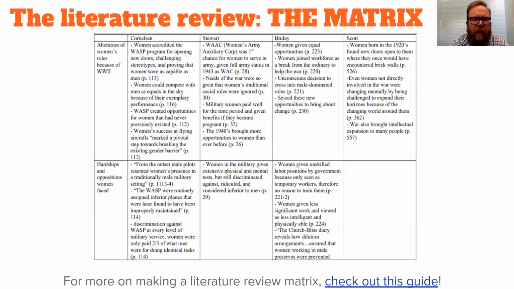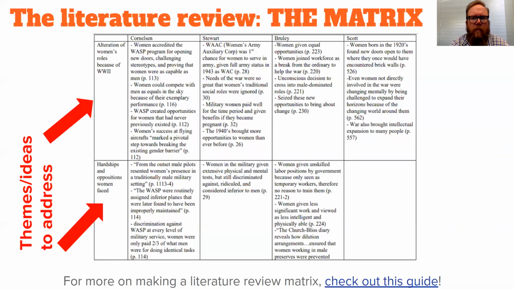But what I want to highlight here is thinking about how you can kind of put things together, put articles right next to each other, and look in kind of a very linear way of how different articles address different topics.